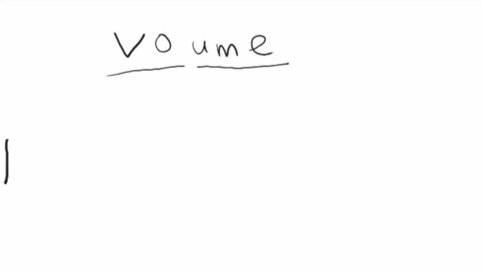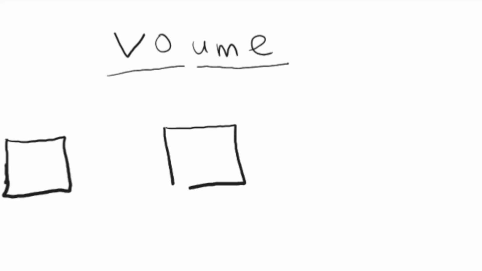Like this is a square. So a cuboid is just going to be like this. Oh, sorry, a cube. This is a cube. All sides are going to be the same.